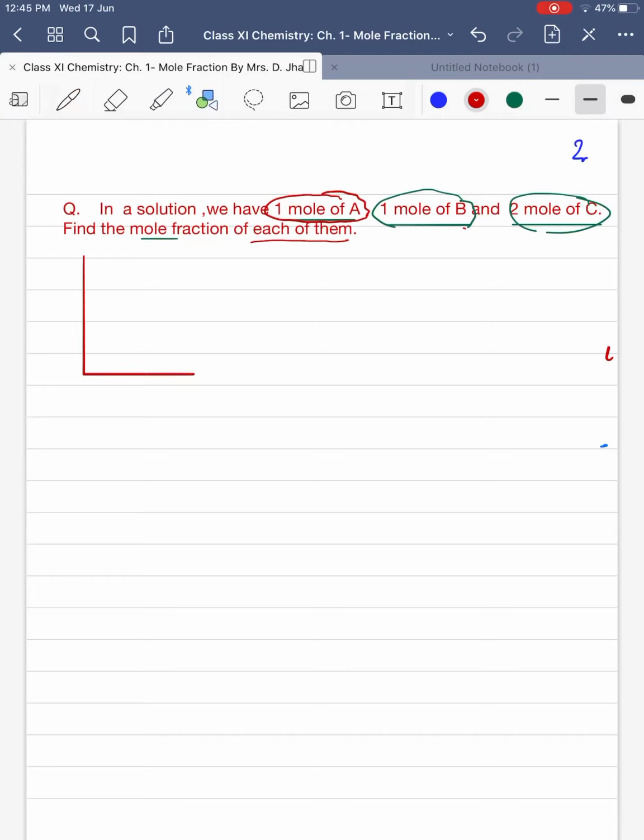This is a beaker which contains a solution, and there are 3 components. One component, second component, and third component.